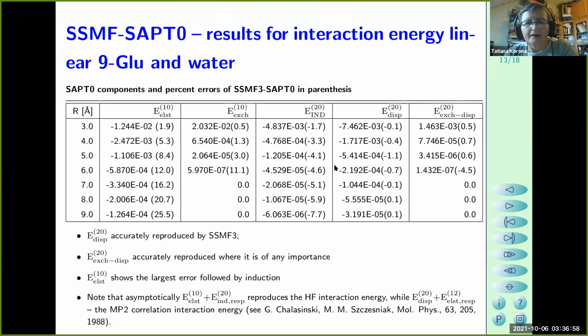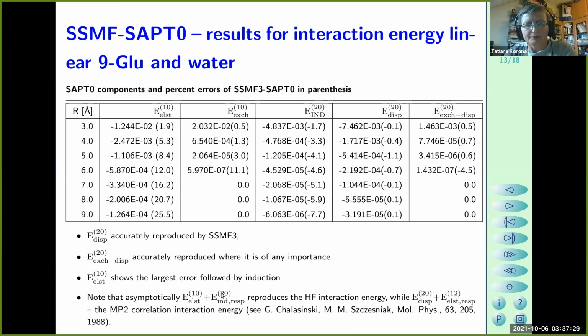But the induction energy, and especially the electrostatic energy, behaves poorly. For larger distances we get larger percent errors, which is consistent with the picture presented by the supermolecular MP2 energies.